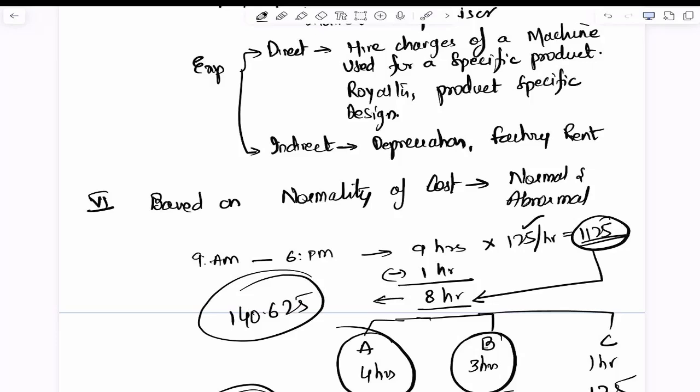Abnormal losses cannot be included, as it will increase the value of inventory.